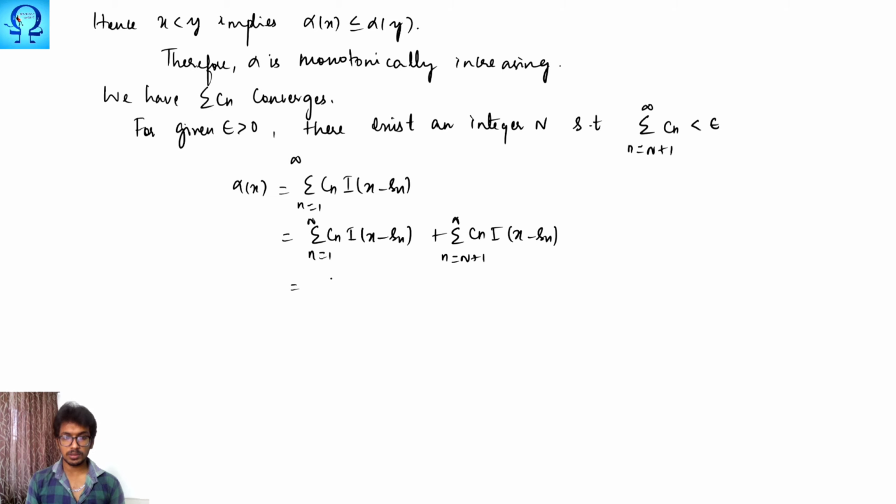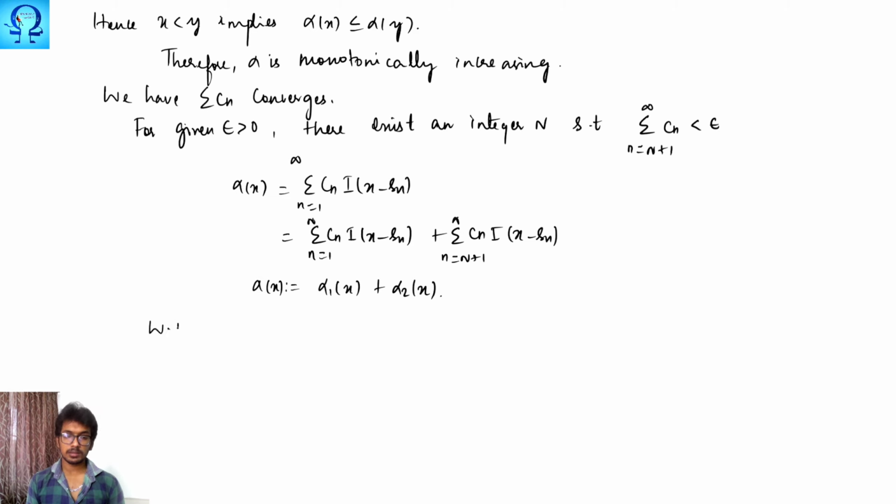So this one we take as alpha 1 of x and this one alpha 2 of x. So alpha of x is split into the sum of two terms.